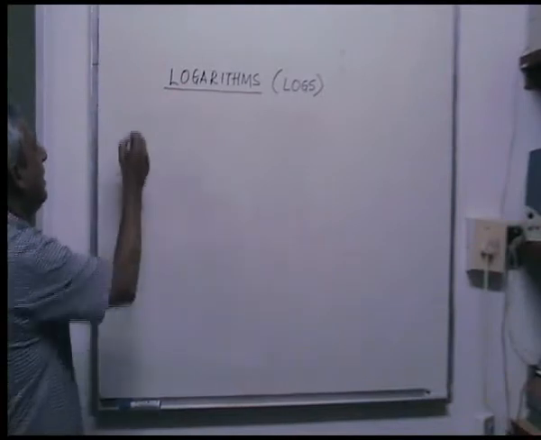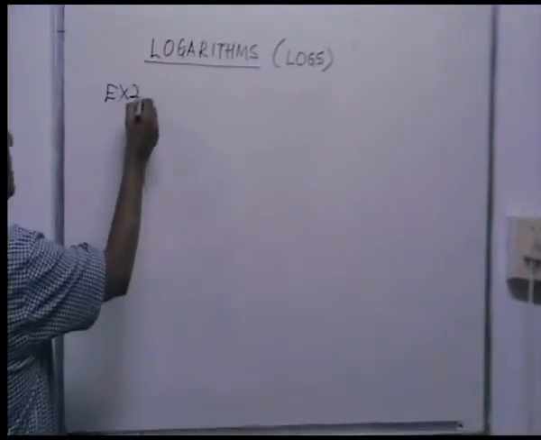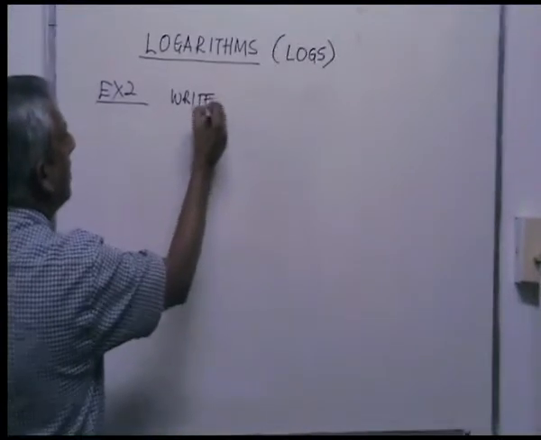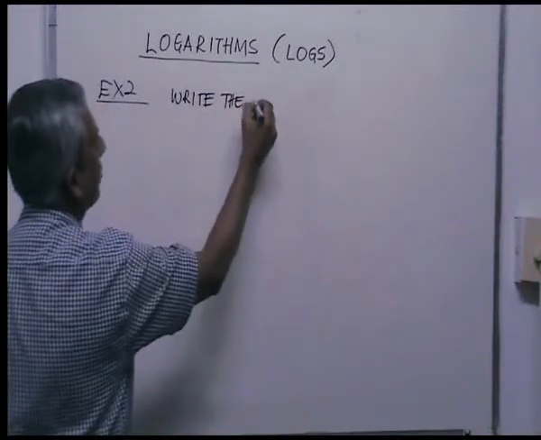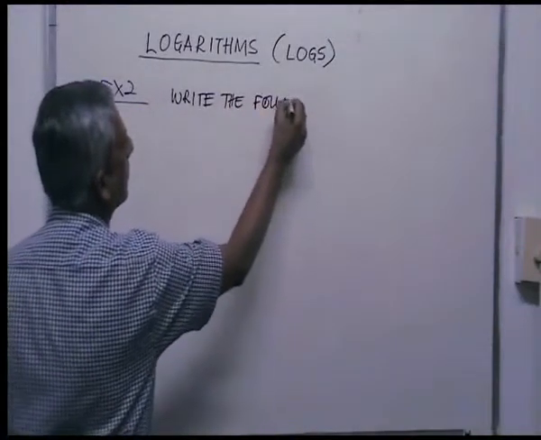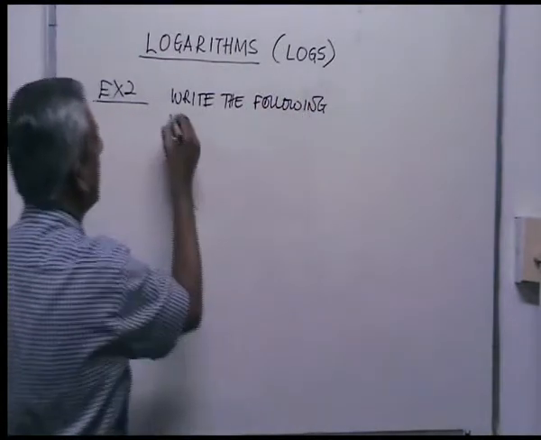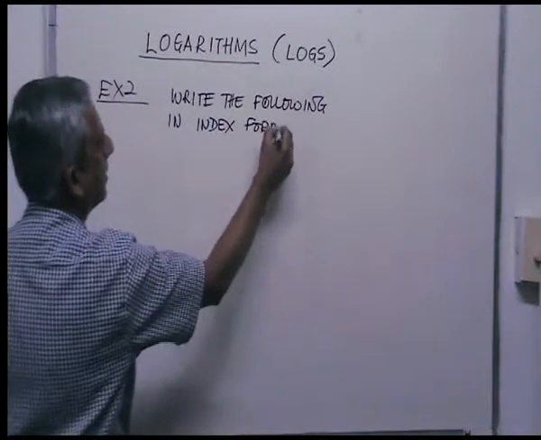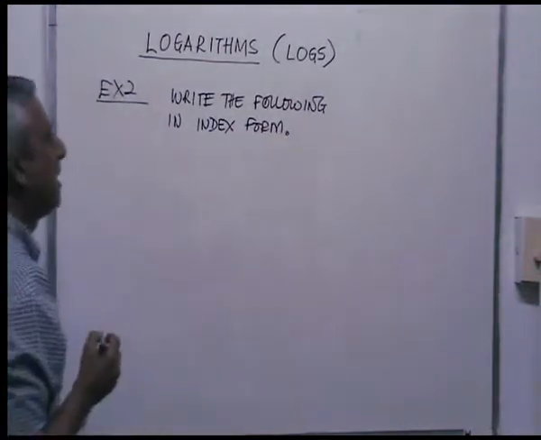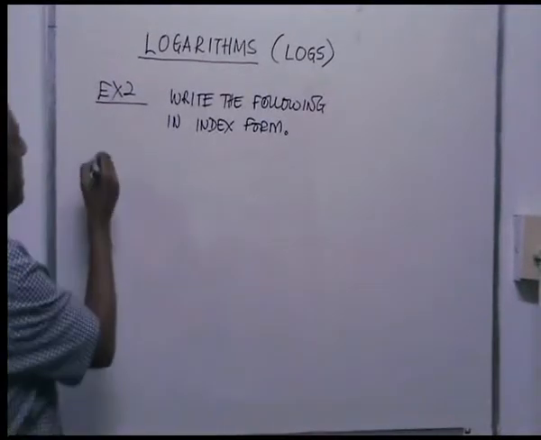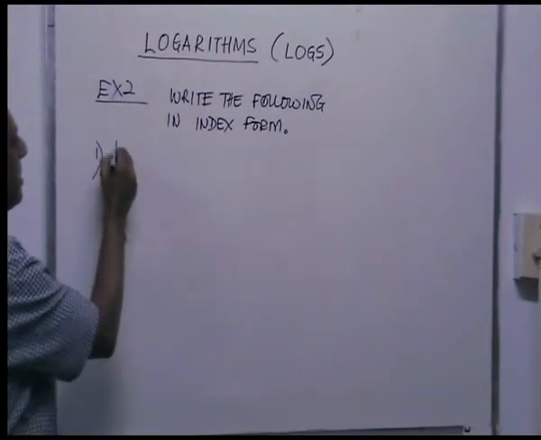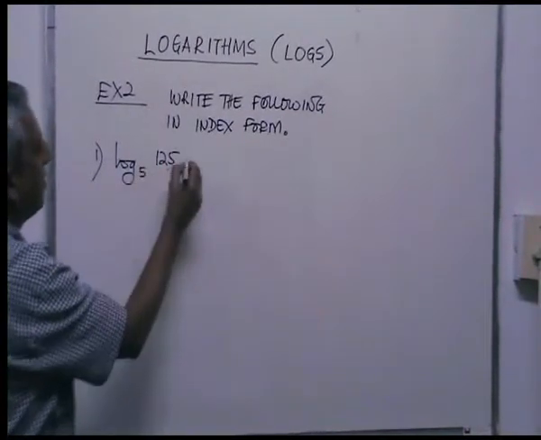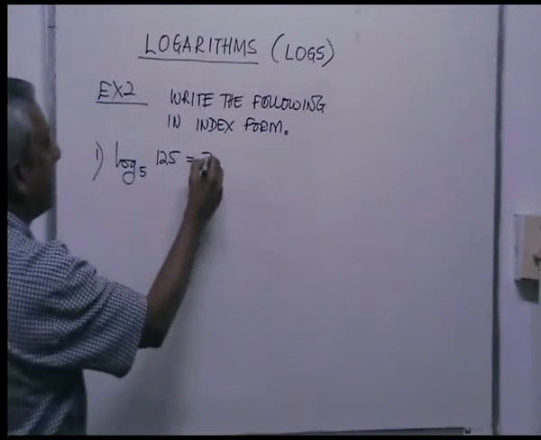Alright, I'm going to give you now a little exercise to do, and I'm going to call it exercise 2. This time you have to write the following in index form. And don't forget that sometimes the bases will not be written because the base 10 is understood. So let's see. Number 1, log of 125 to the base 5 is equal to 3.